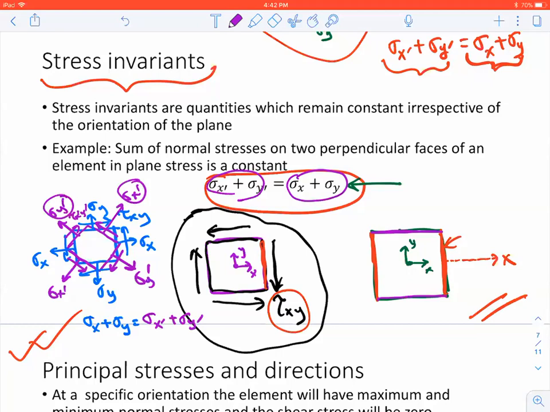If you sum this, whatever value you get, you will end up with the same value if you sum sigma x and sigma y. So that's why it is called stress invariant. There is more than one stress invariant. We're just looking at one here. So this is one of the stress invariants that you're going to see.